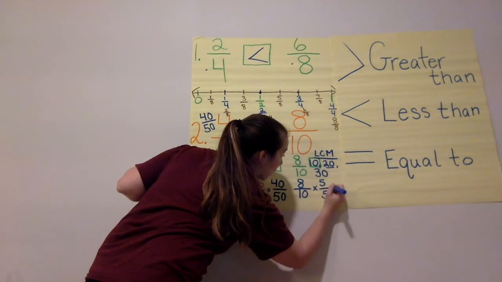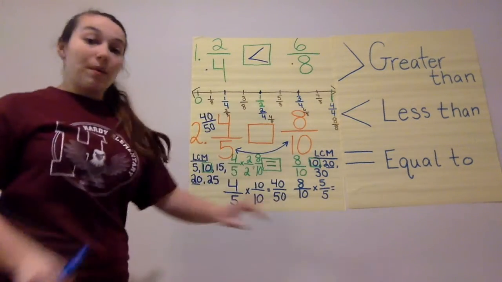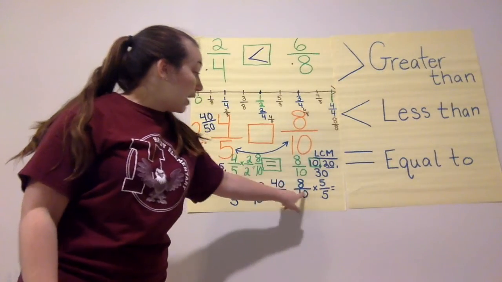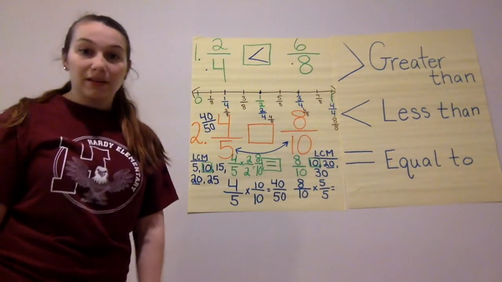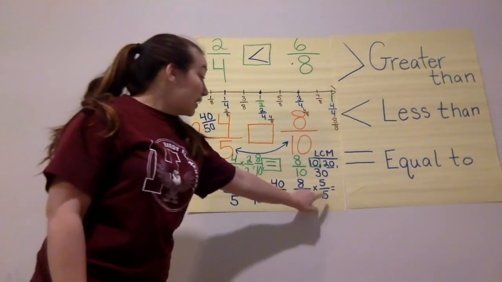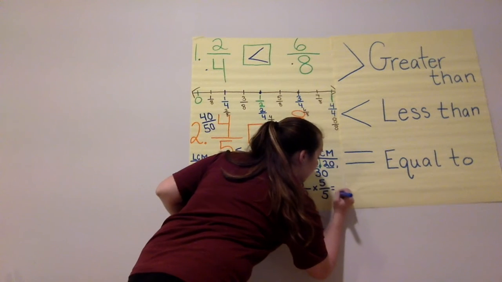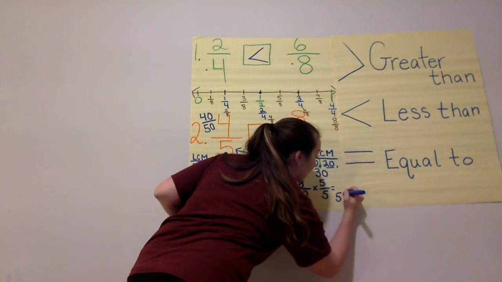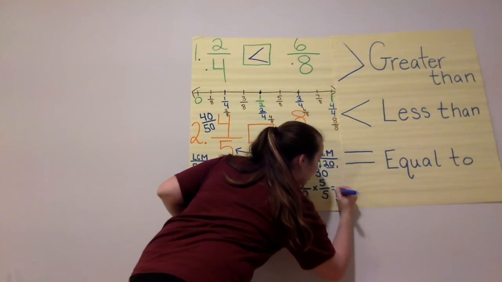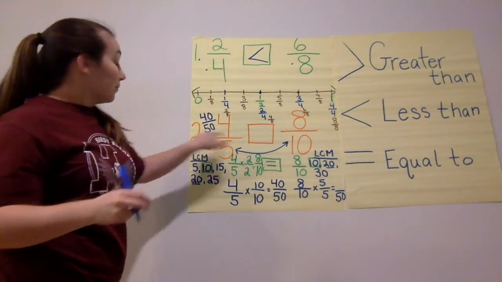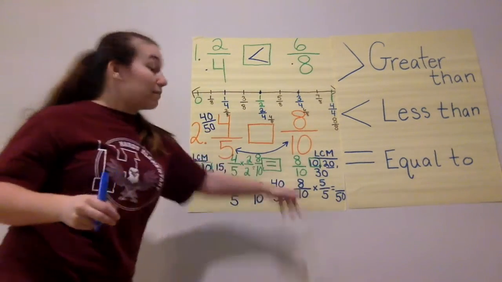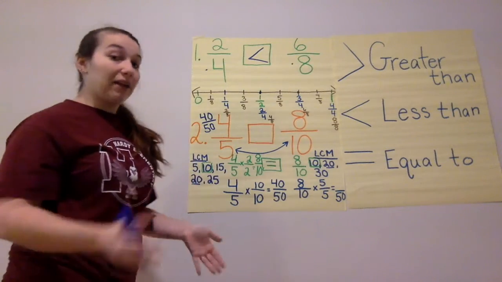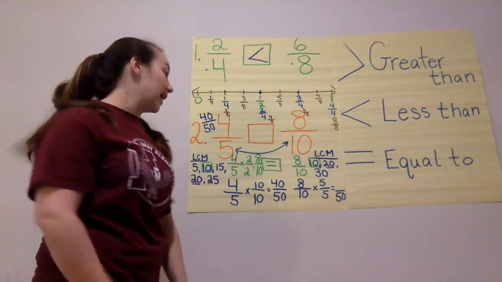And we're going to figure out what that gives us. Remember, whatever we do to the bottom, we have to do to the top. So we know that 10 times 5 gives us 50. And as we can see, those denominators match up. So we'll be able to compare them once we finish multiplying, okay?